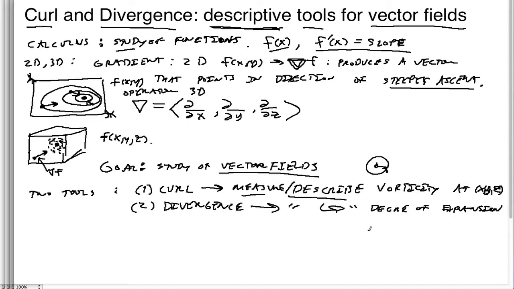So the idea here is that at a particular point, we want to know how much the vector field is expanding, or how much there's a pressure that's building outward. Or it could go inward, we could have it go the other way. The idea is we want some idea of the net expansion of the vector field about every point. All right, so these are really neat. Sometimes we call that the compressibility.